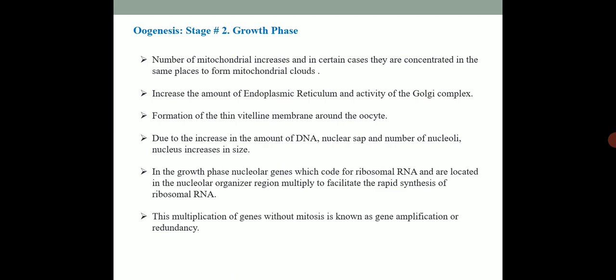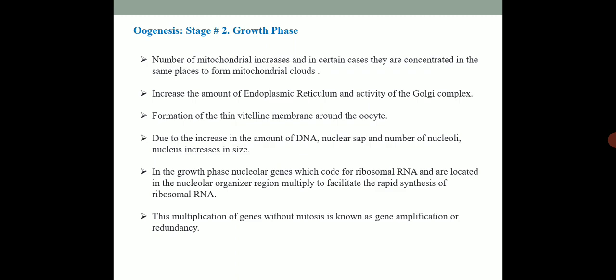In the growth phase, nucleolar genes which code for ribosomal RNA, and which are located in the nucleolar organizer region, get multiplied to facilitate the rapid synthesis of rRNA.